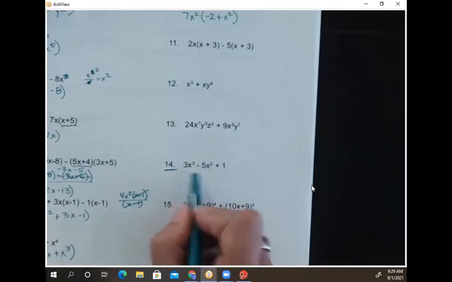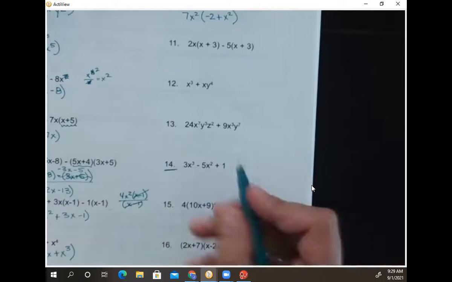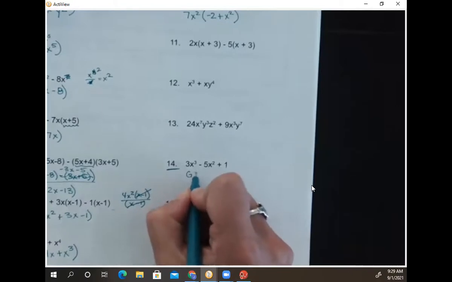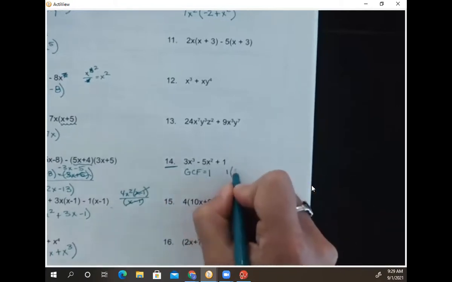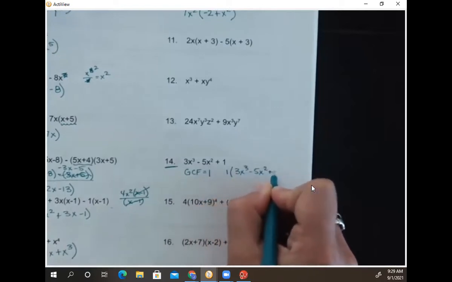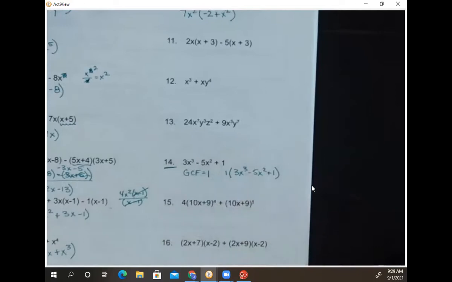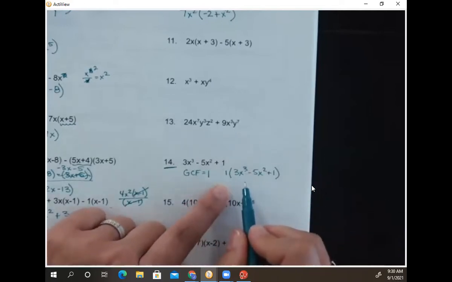And then 3 and 5 don't have common factors, right? There's nothing exciting to pull out of here. So I guess technically I could say I have a GCF of 1, but that would look like this if I factored it out. This seems really boring and silly, right?